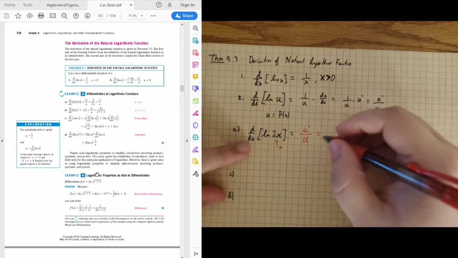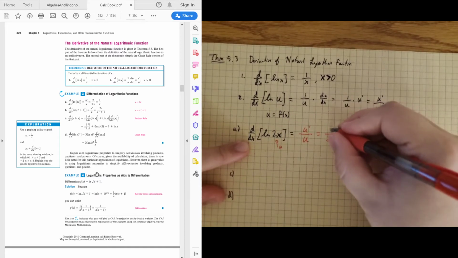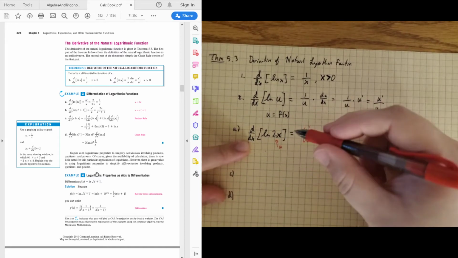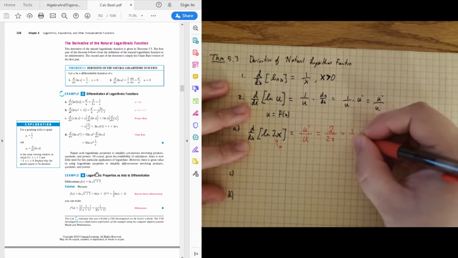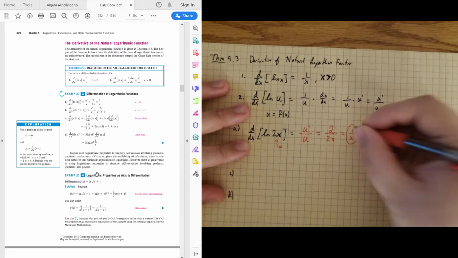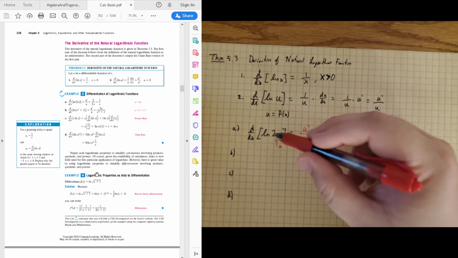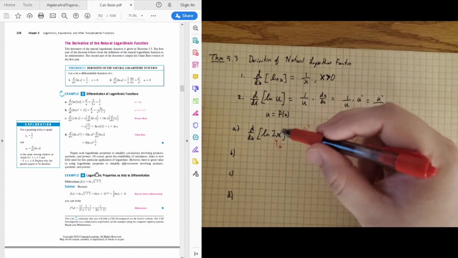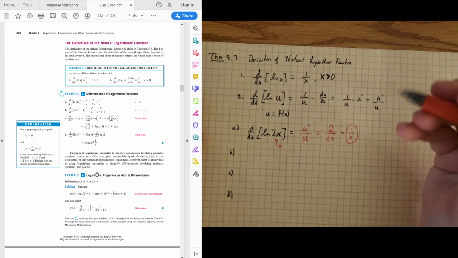So in this case, my u is 2x, u prime is 2. It's the derivative of u with respect to x. So that tells me that we end up with 1 over x as our solution, which I think is kind of unique, because what this tells me is the derivative of ln 2x is basically equivalent to the derivative of ln x, which I think is neat.